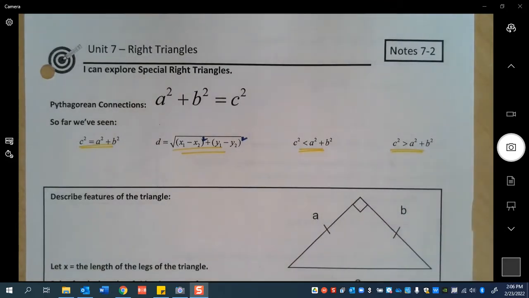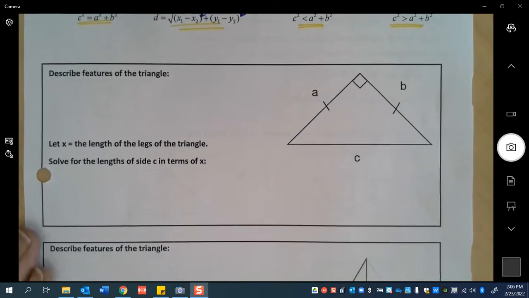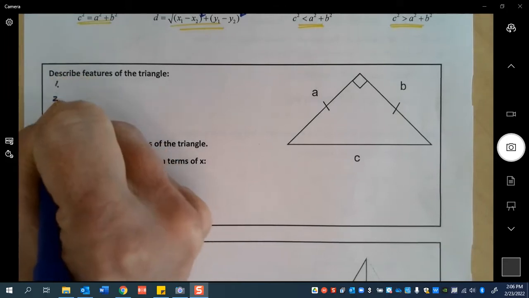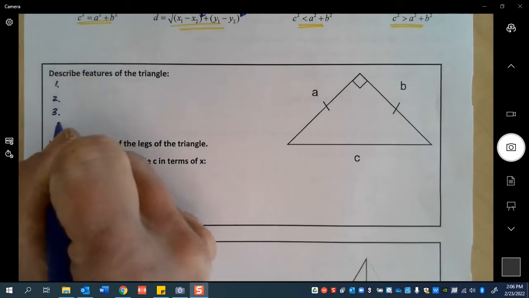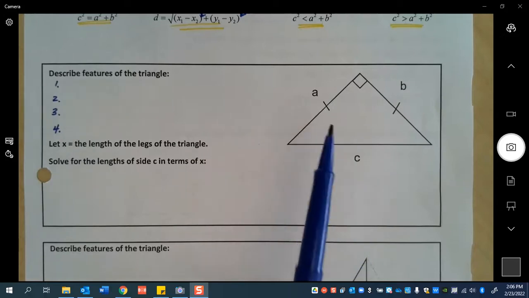Okay, so here we go. We're going to start talking about two specific kinds, two special kinds of right triangles. And what I would like you to do right now is, with your group mates, come up with at least 4 different truths or facts about this triangle. On your marker set, go.